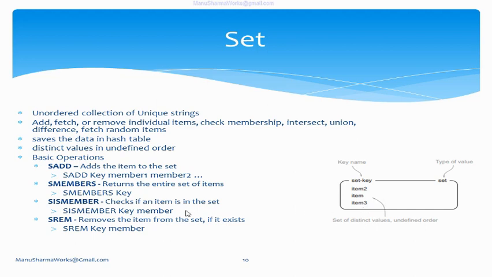So 1 indicates that this value is present in the set. In case I pass some value like item 4, which is not in this set key, then it will return 0. So it indicates that this value is not present in the set.